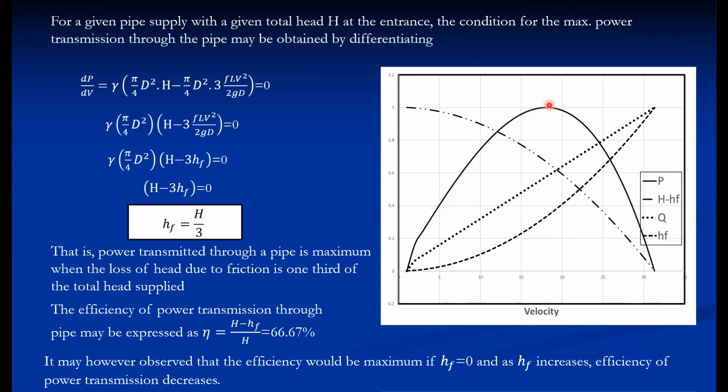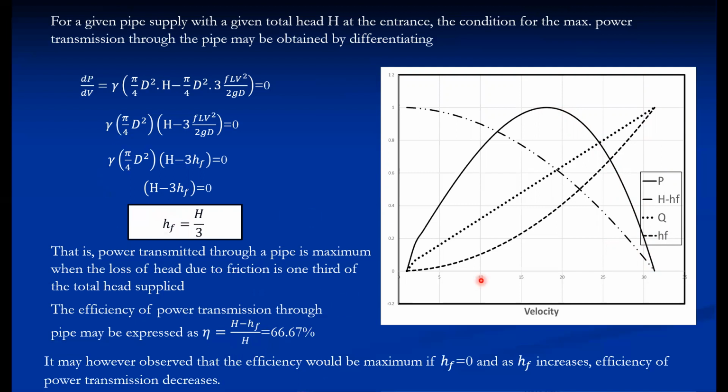But from this point onwards, the power tends to decrease because the value of HF is much higher than the discharge value. It continuously decreases and becomes 0 when HF is equal to H.